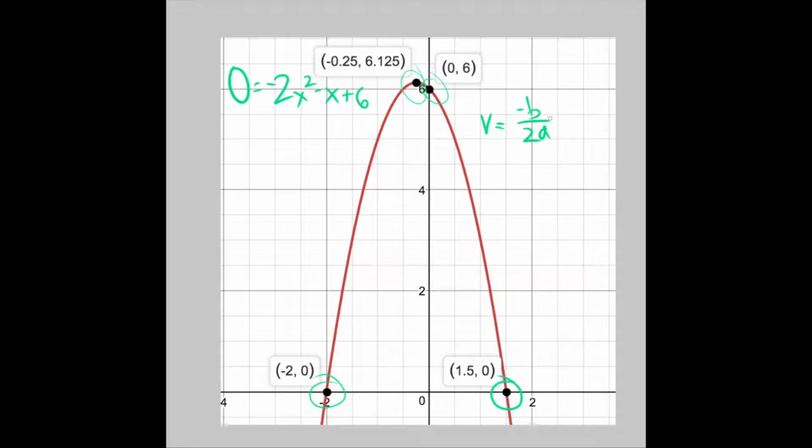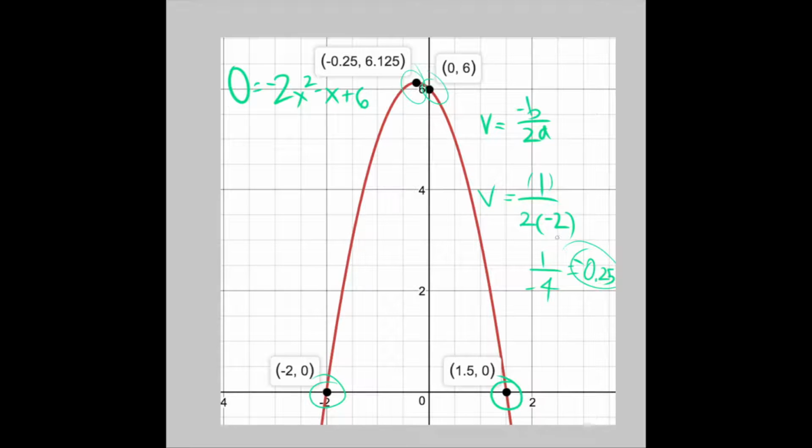Now, in this situation, if we plug in the variables, if you take this and you divide it, you will find the x value. Now, you have to go back and solve to find the y value. Since this is the x value, you'll need to plug it into the equation.